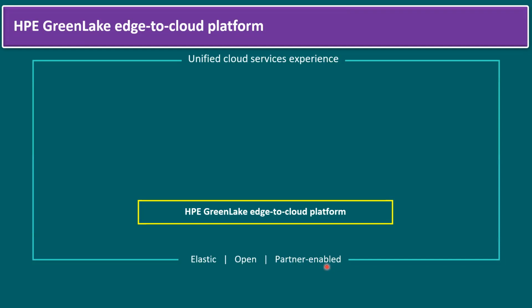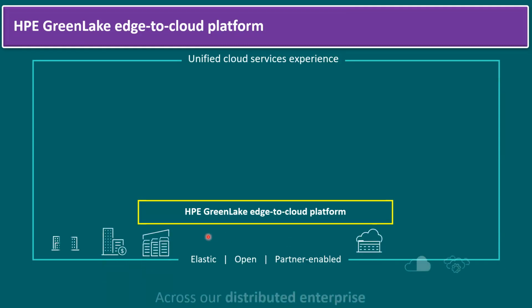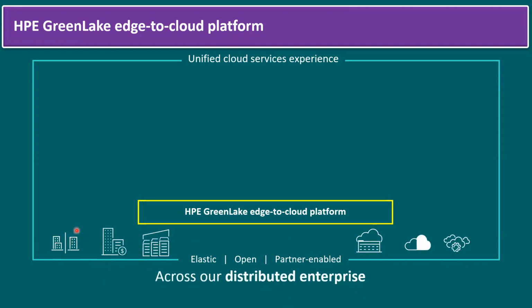That means we can utilize our partner solutions within our Edge to cloud platform. And these solutions can be implemented on edge locations and hosted infrastructure, on-premises data centers, and also on private cloud, hybrid cloud, and multi-cloud environments across the distributed enterprise.